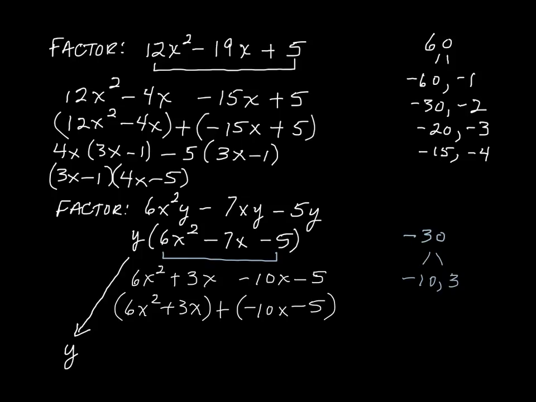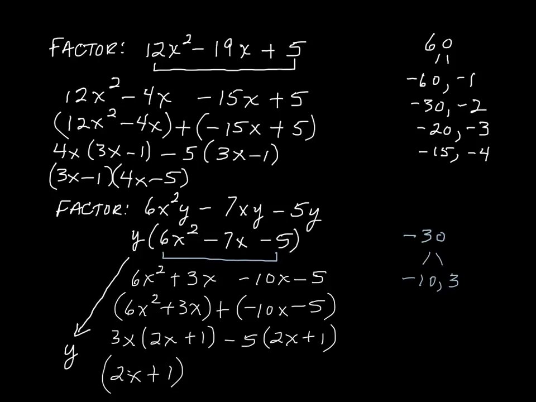Factor out a 3x and we'll have a 2x plus 1. Factor out a negative 5 and we'll have 2x plus 1, and factor out now 2x plus 1, and we end up with that times 3x minus 5.